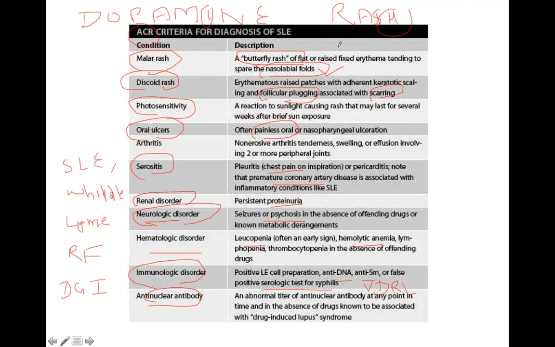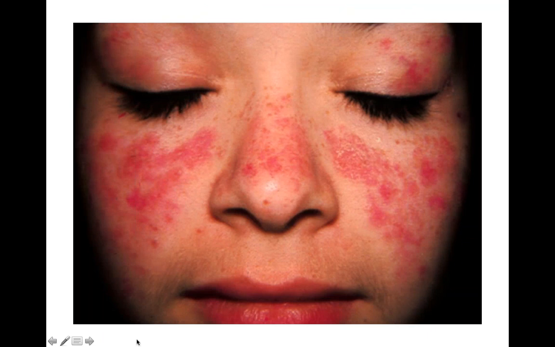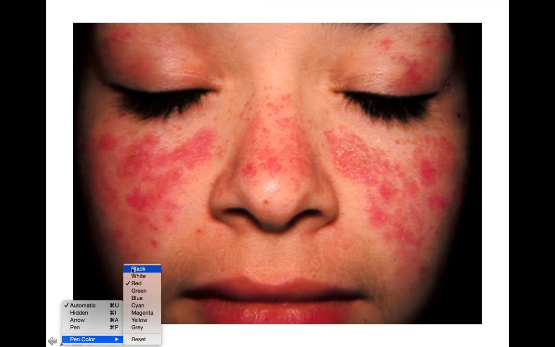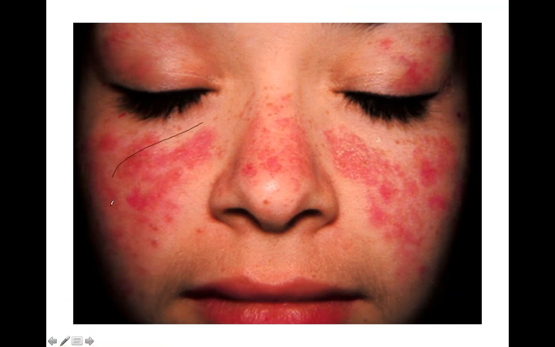So this is the butterfly rash, as you can see. It is sparing the nasolabial fold. This is the nasolabial fold. So this is characteristic of SLE: it spares the nasolabial fold.